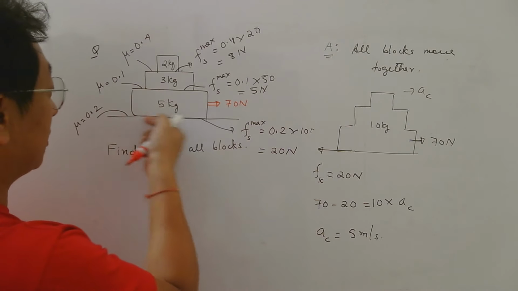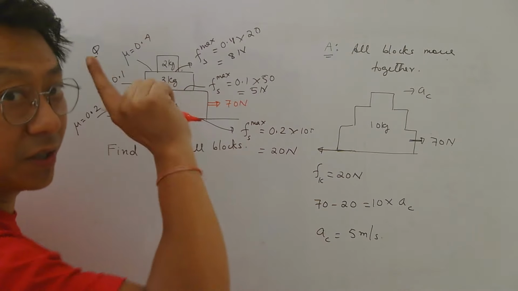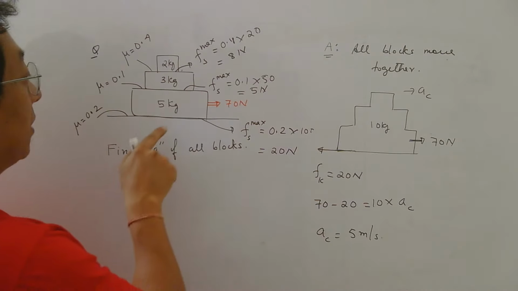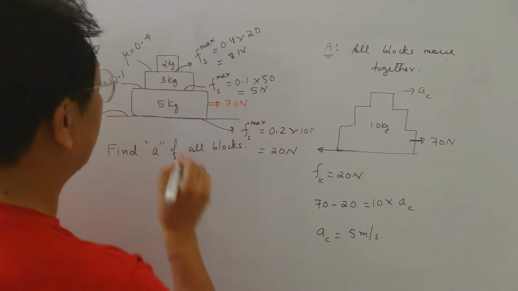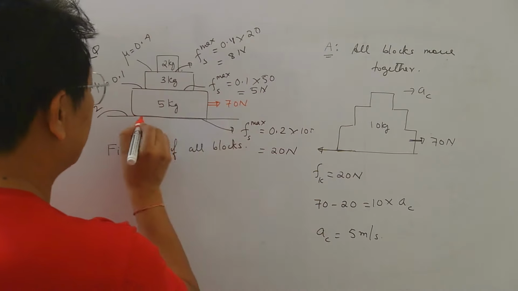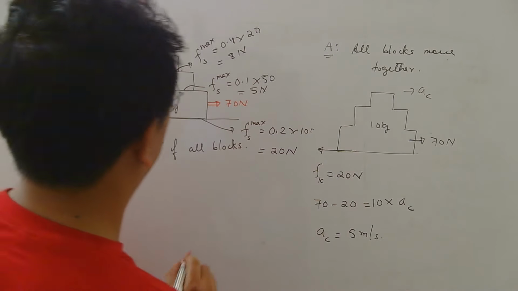And if this friction is able to stop this block, then friction everywhere will be 0. We discussed already. But here friction is not able to stop this block. We have seen already. So there is sliding here. So friction here is this way. Already we came to know kinetic friction.